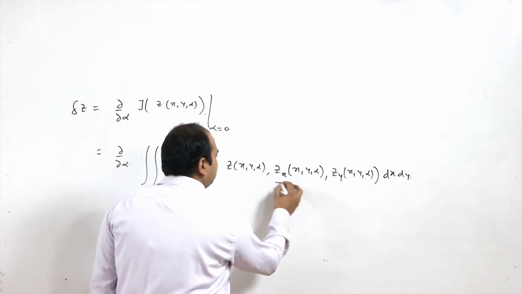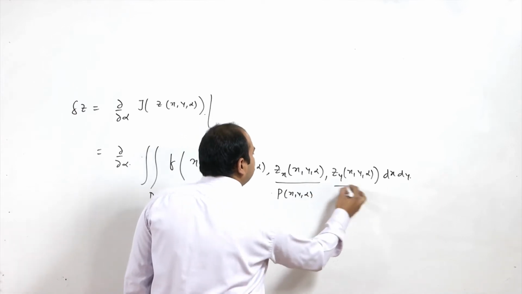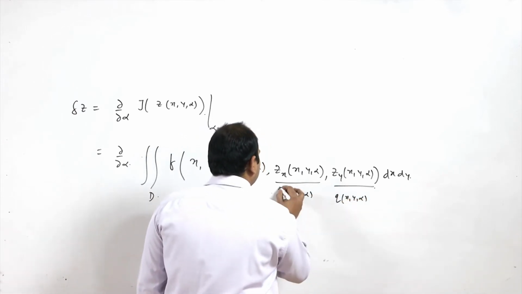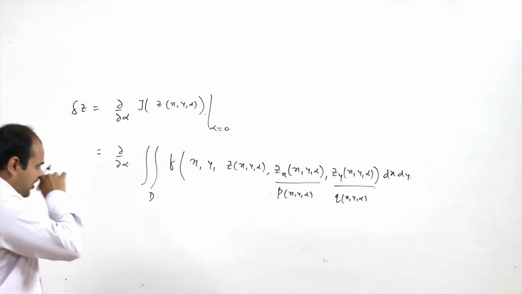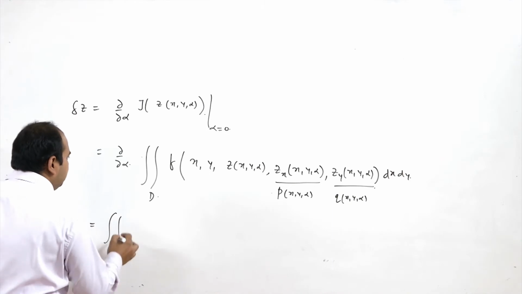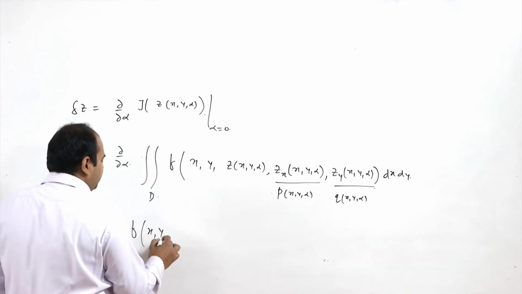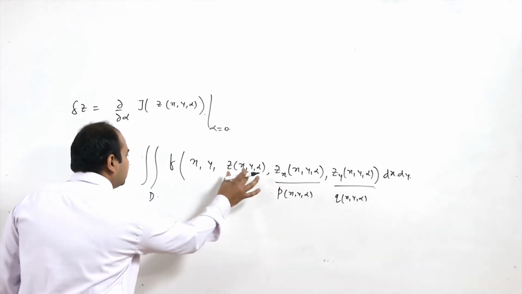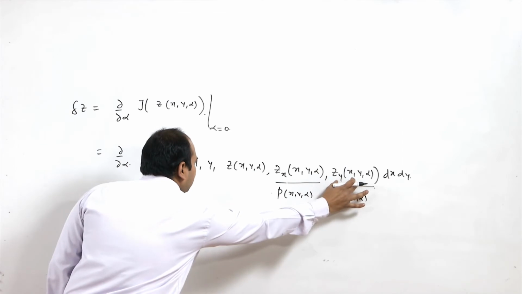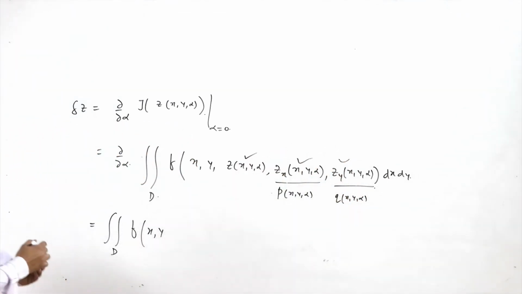So here this we denote as p(x,y,α), and this we denote as q(x,y,α). So when you find the derivative with respect to alpha, you will get this, and here f depends on alpha through these arguments.